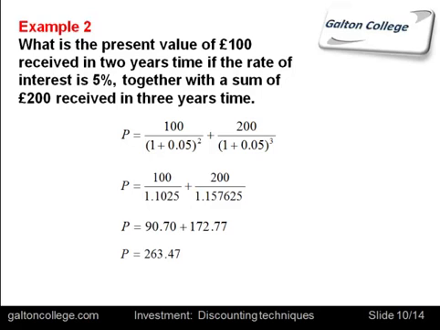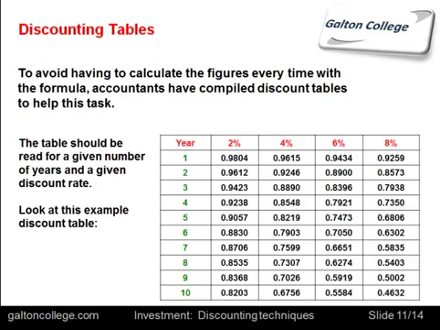We can do this by table. This is what a table would look like. Here we have the number of years down here, and here we have rates of interest, 2, 4, 6, 8. Just, we could have 1, 2, 3, 4, whatever. These tables can be purchased. Sometimes they appear in the back of finance books.